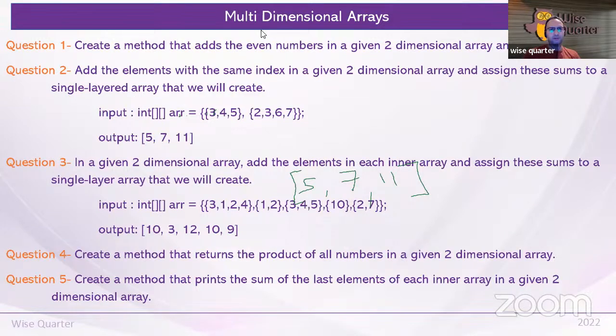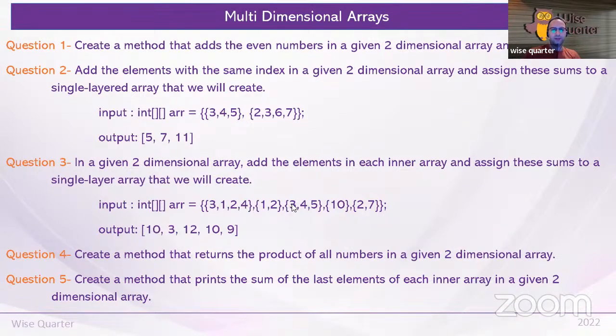Let me clean everything. In a given two-dimensional array, add the elements in each inner array and assign the sums to a single layered array that will create. First, we will calculate this inner arrays' total value: 4, 6, and 10.